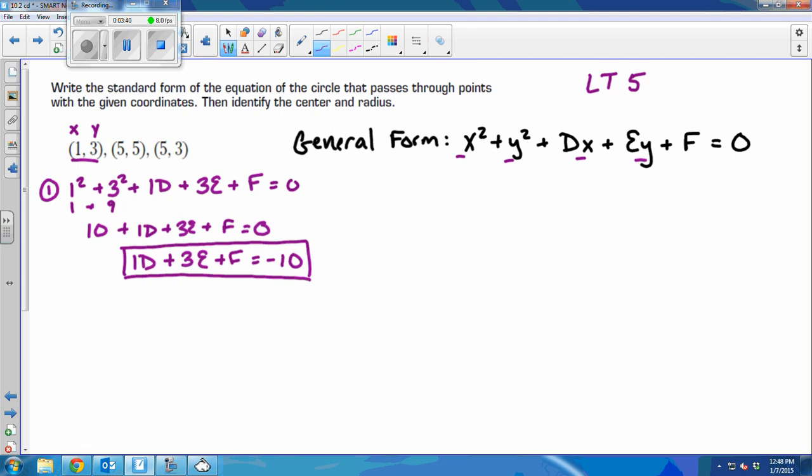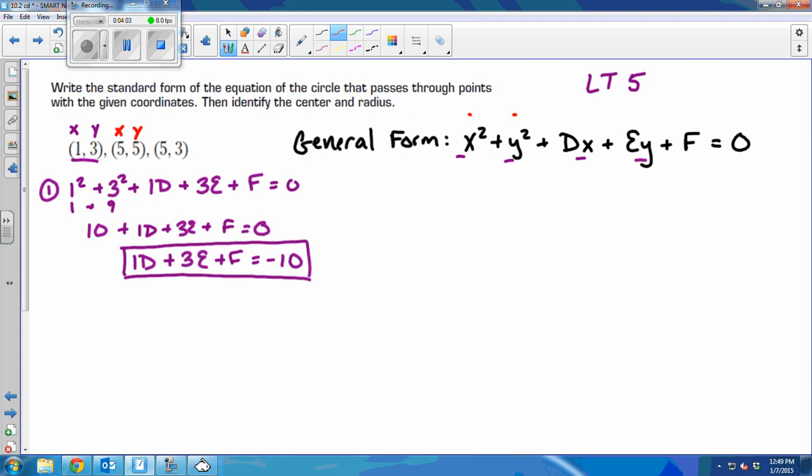Okay, the other 2, I'm not going to write out all the steps. You don't have to write all the steps, but that's what I'm doing. I'm going to put the other 2 points into the general form equation, then rewrite it in this way. So I'm just going to say it out loud. The next one would be 5 squared, which is 25, plus 5 squared, which is 25. So I have plus 50, so I'm going to subtract that.